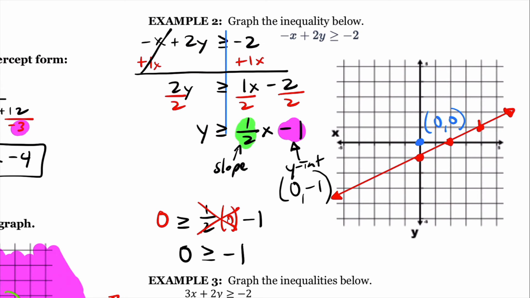If it's a true statement, I'm going to shade the side where 0, 0 is. If it's a false statement, I'm going to pick the other side. Let's see, 0 is greater than or equal to -1. Yeah, 0 is bigger than all of the negative numbers. If it's a negative number, 0 is bigger than it. So it's true. So I'm going to shade the side where 0, 0 is.